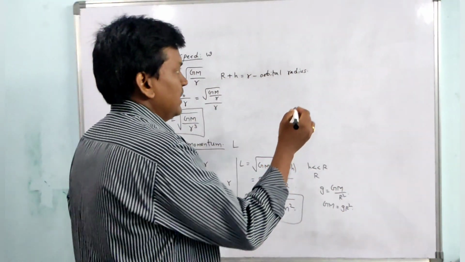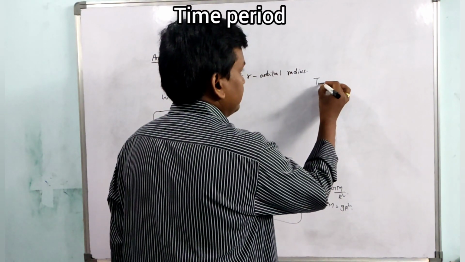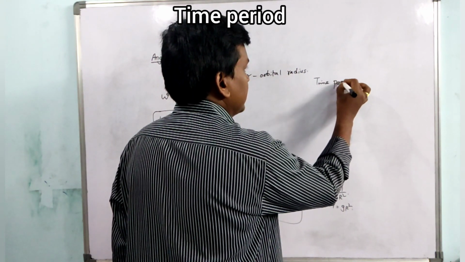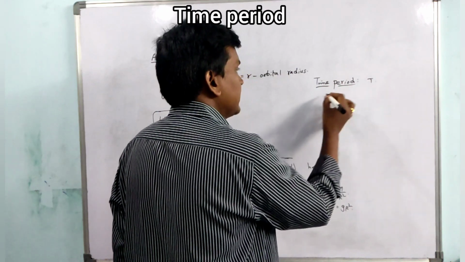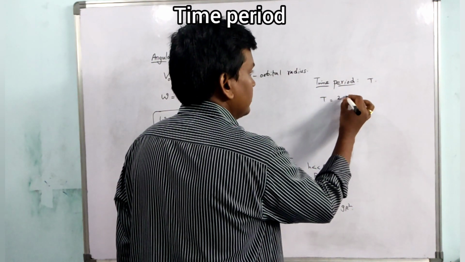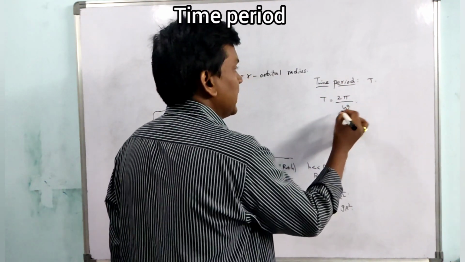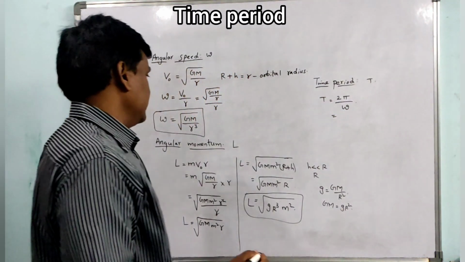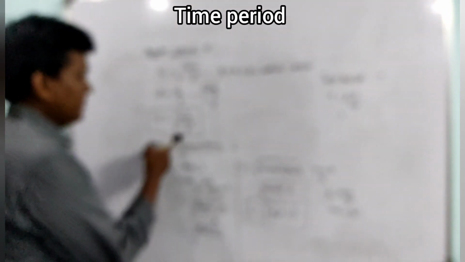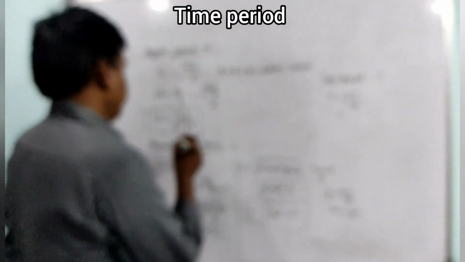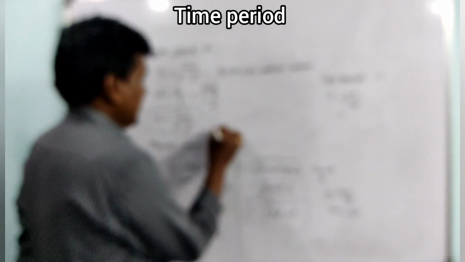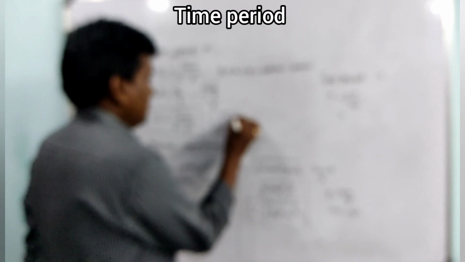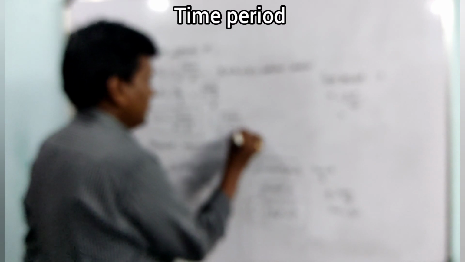And next, coming to the time period. Time period of an orbiting satellite, T equal to 2 pi by omega. We already had omega value as root over GM by r cube, or this can be written as GM by (R plus h) whole cube.